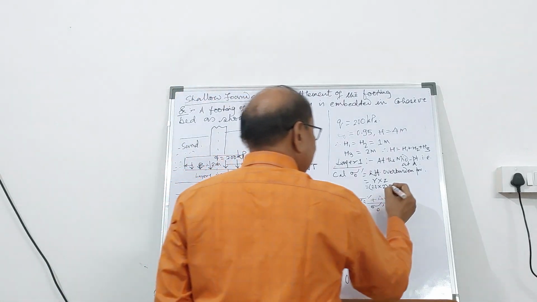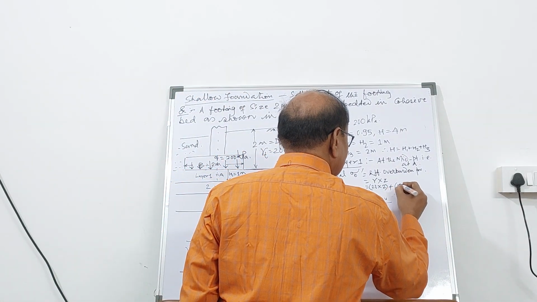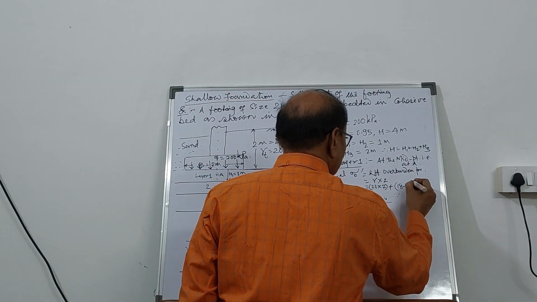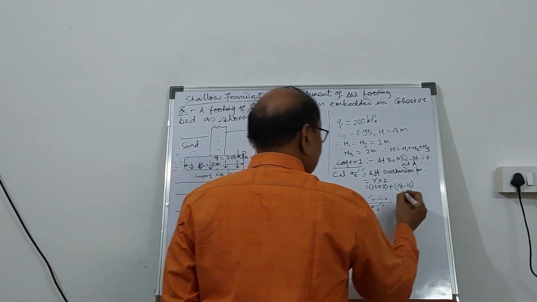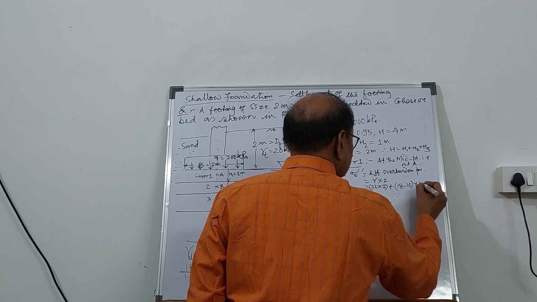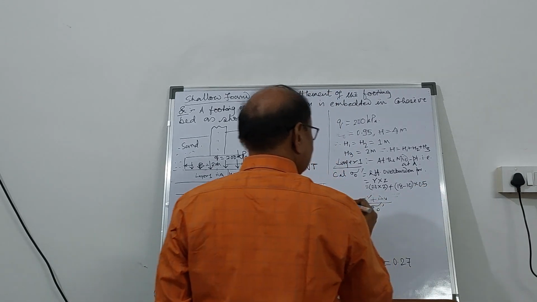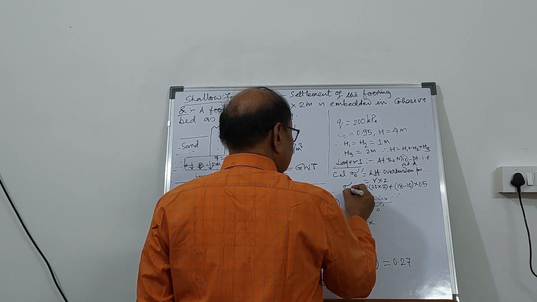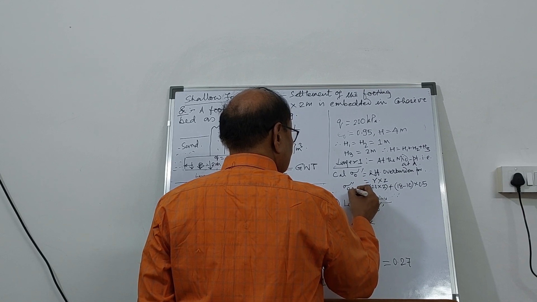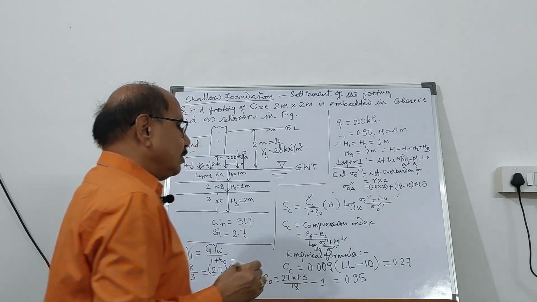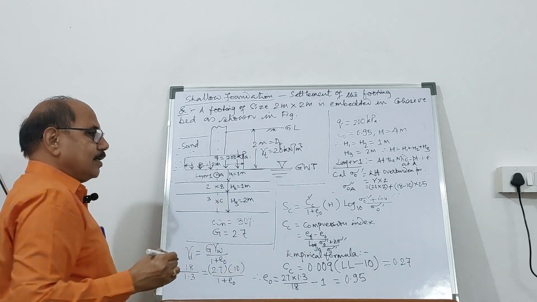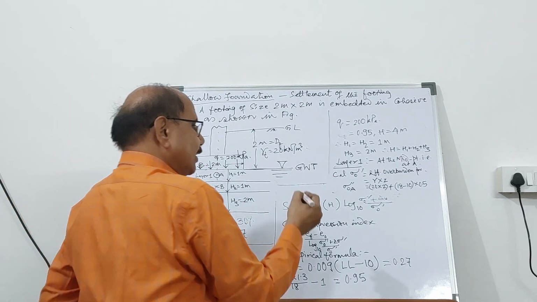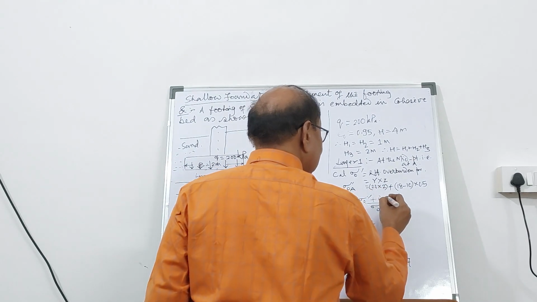plus below the base of the footing it is underwater. So it is going to be gamma prime, that is 18 minus 10, the unit weight of water, multiplied by 0.5 at A. So sigma naught prime at the midpoint, that is at A, has been calculated like this.